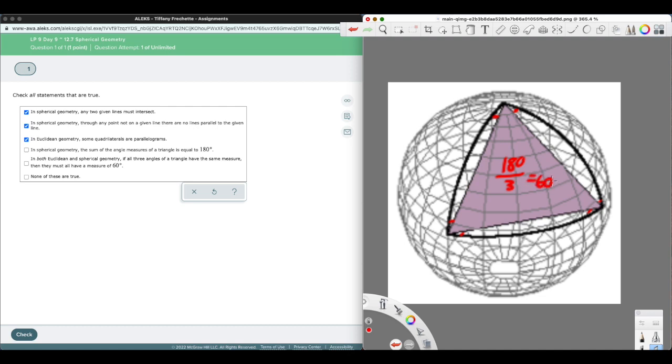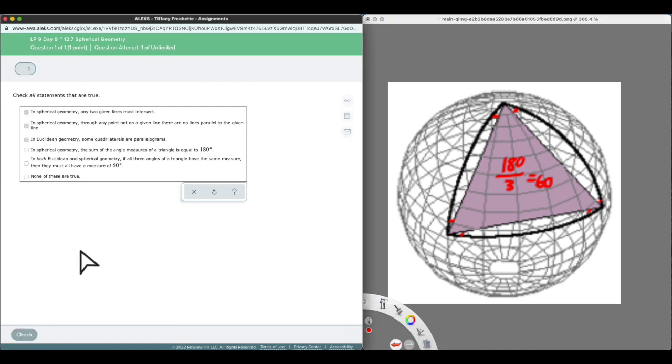But if it's a little bit bigger, it's not going to be 180 anymore. It's greater than 180 degrees. Because of that circle, it's kind of pulling the triangle out a little bit, like that ballooning effect I keep saying. That's not going to be 60 degrees anymore for each one. It's going to be more than 60 degrees. Or none of these are true. So let's go ahead and see. How did we do? Yay!